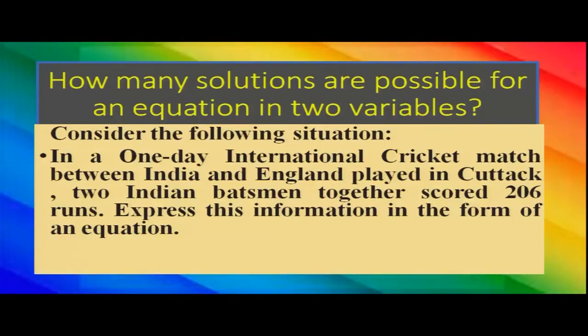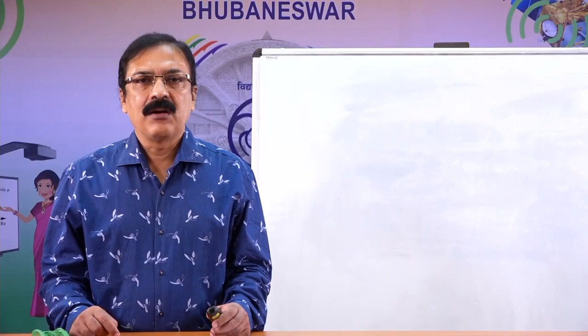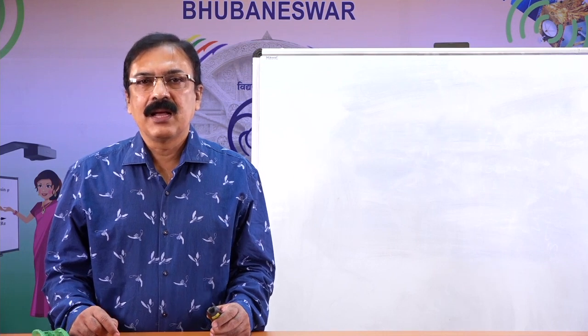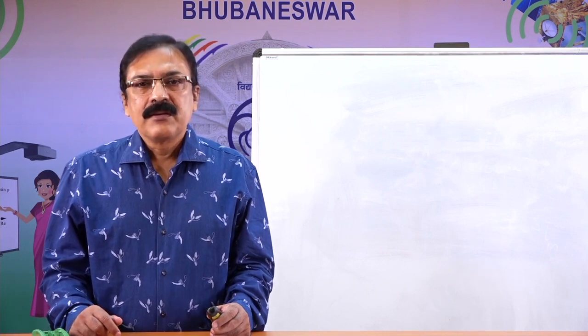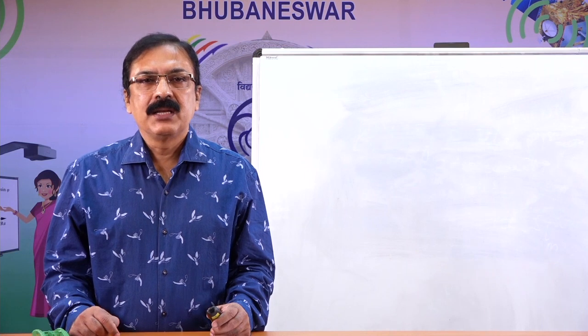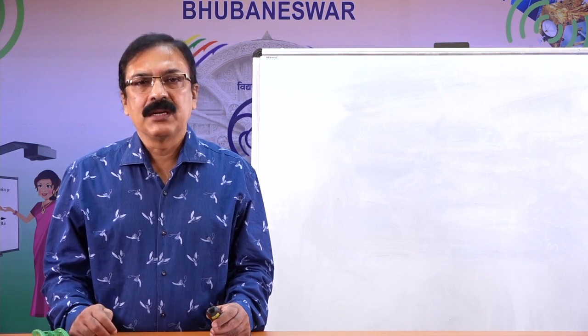In a one-day international cricket match between India and England played in Kolkata, two Indian batsmen together scored 206 runs. Express this information in the form of an equation. This was also given in last class. For today, let's see how to form the equation.